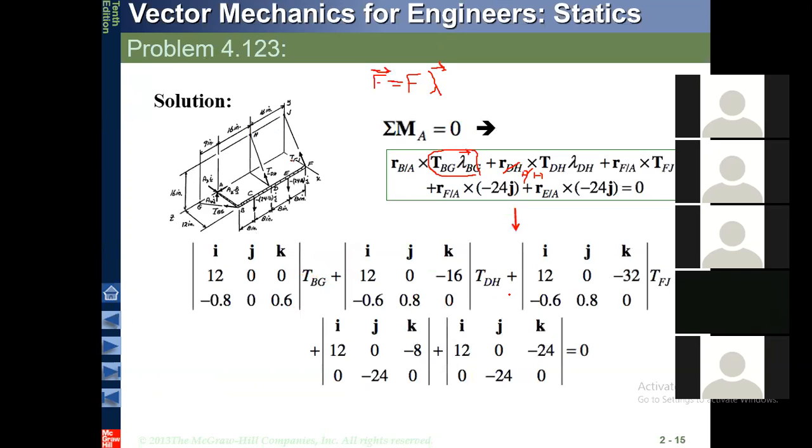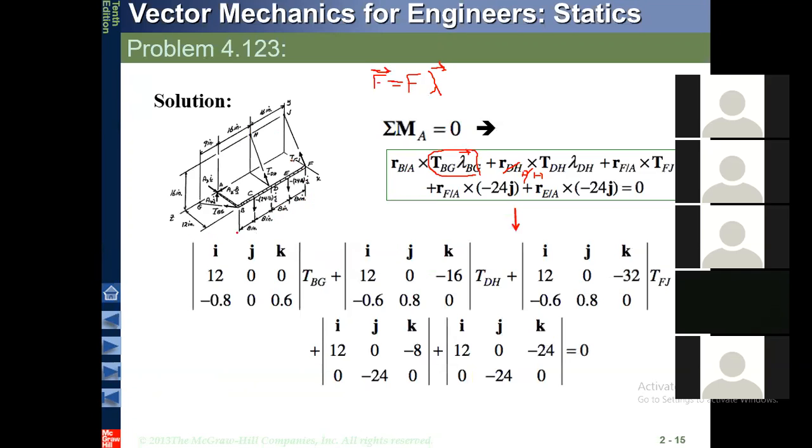For TDH, you have the distance vector from A to D, which is 12I minus 16K. And then you would have the unit vector lambda DH. Then the distance vector from A to F, which is 12I minus 32K.